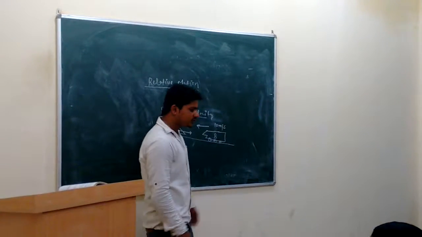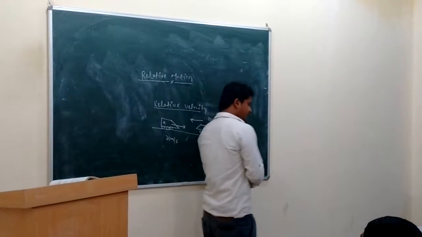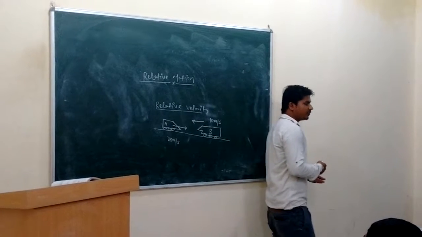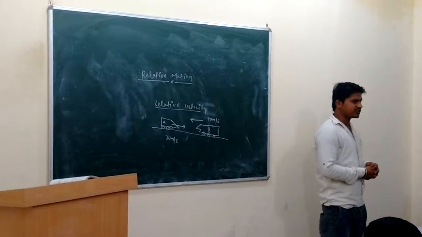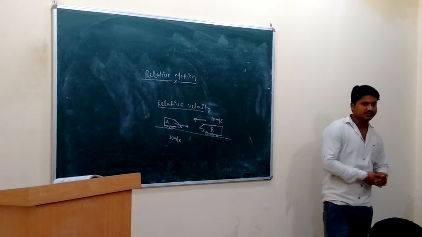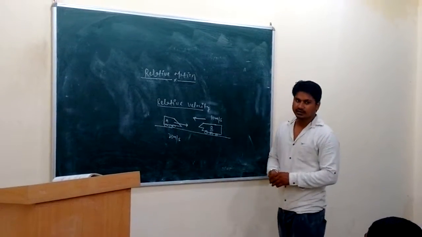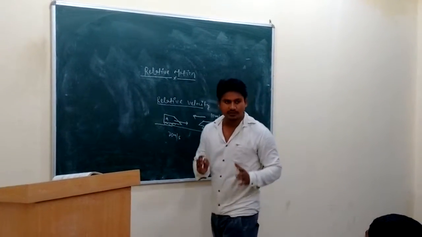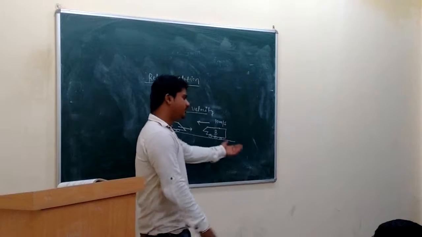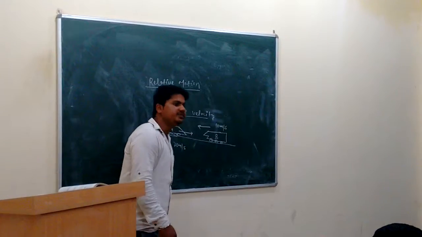Separately, we can say body A is moving with 20 meters per second in the forward direction and body B is moving with 10 meters per second in the backward direction with respect to body A.